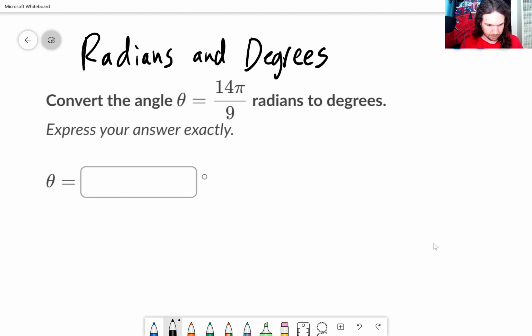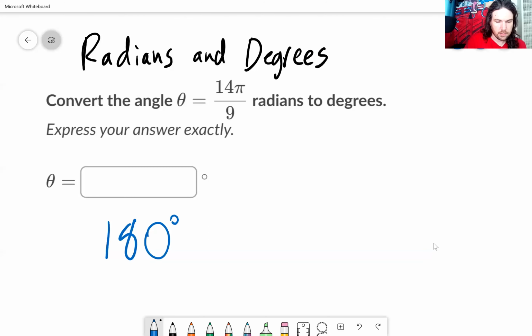And maybe if you ask me some questions, I might be able to make a better next video. So let me know. The big thing about radians and degrees is that 180 degrees, half a circle, is the same as, actually, I'm not even going to decimalize it, pi radians.